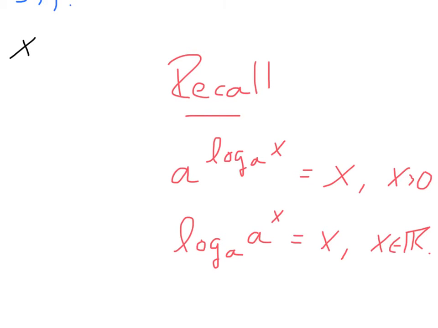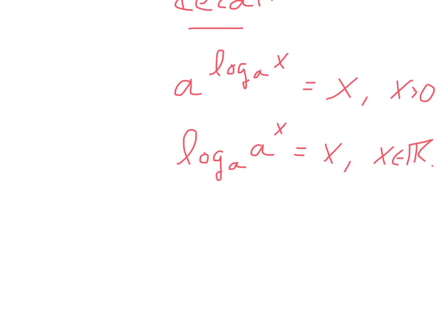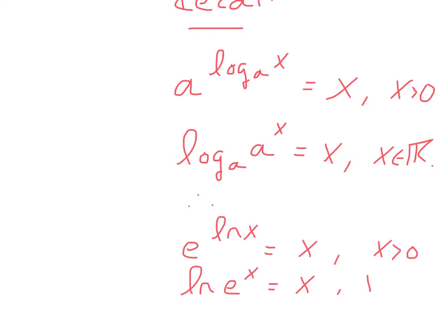So in particular, because we know that the natural logarithm is just log base e, we have that e to the natural log of x is x, for x bigger than 0, and the log of e to the x is always equal to x for any x in R.